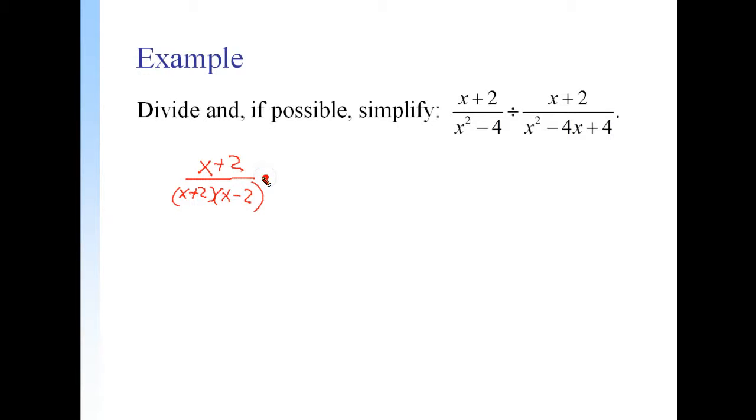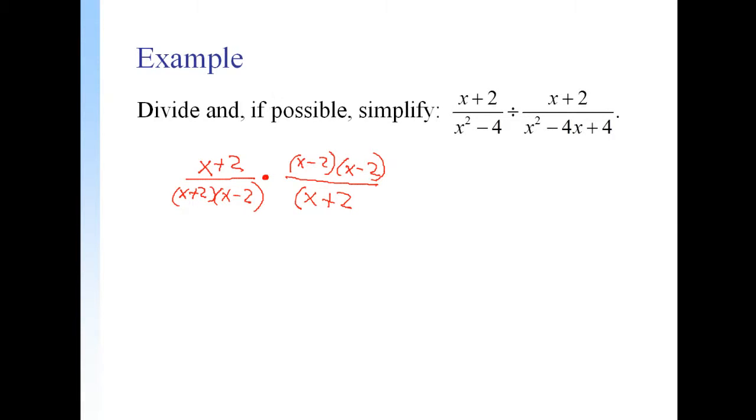Now I'm changing it to multiplication, so this one now goes on the bottom, x plus 2, and then I'm going to factor this one here. This looks like a perfect square trinomial from chapter 5. So x minus 2, x minus 2.